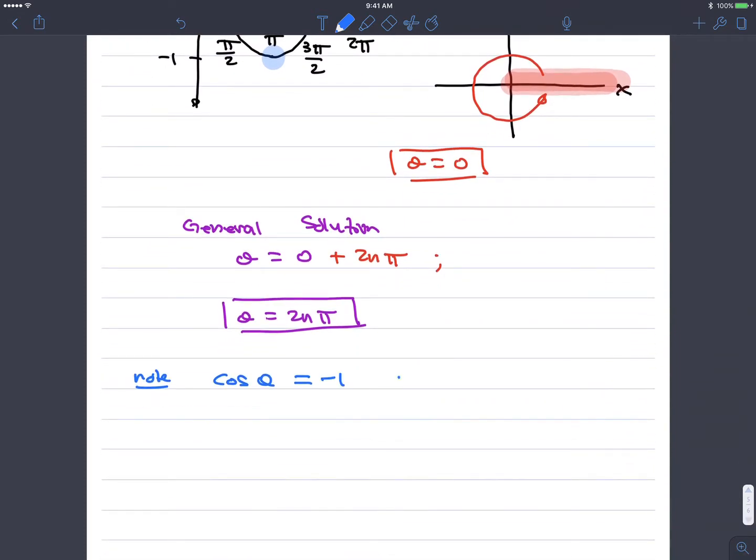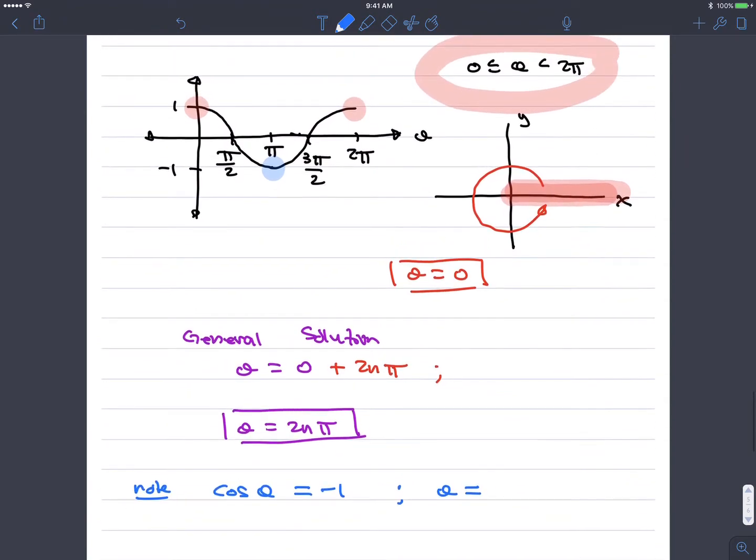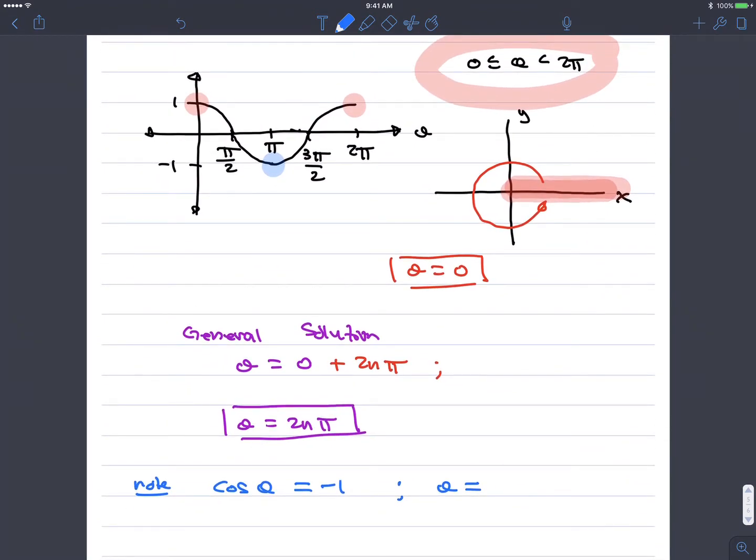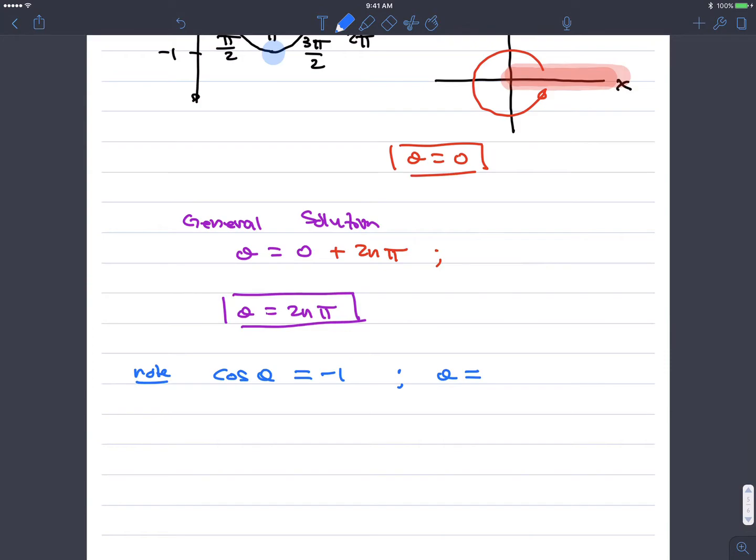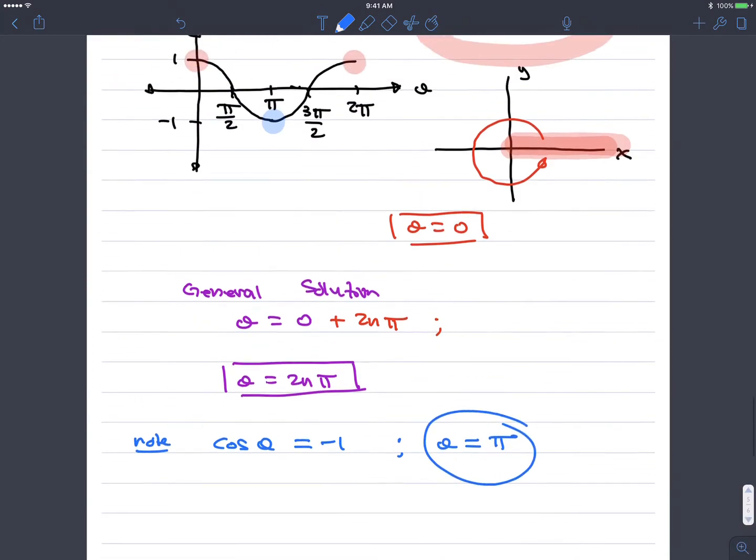Good. What do you say for theta? Where is cosine equal to -1? When theta is what angle? You can say it. Theta's pi? All right. Good job. Theta's pi now.